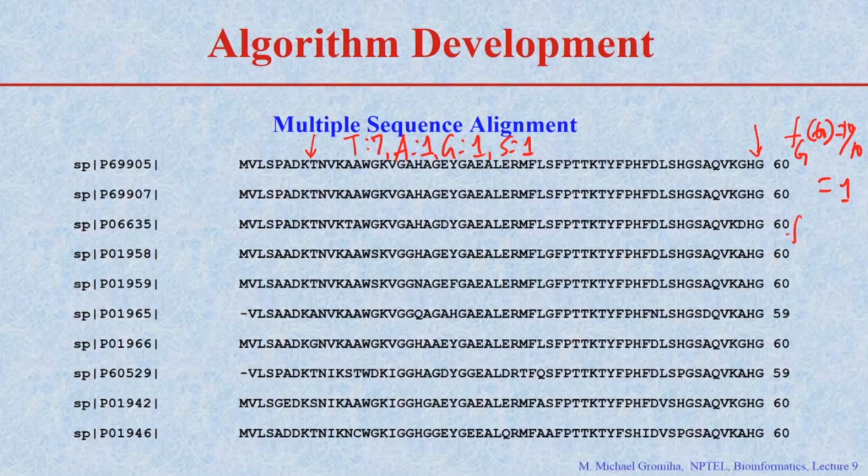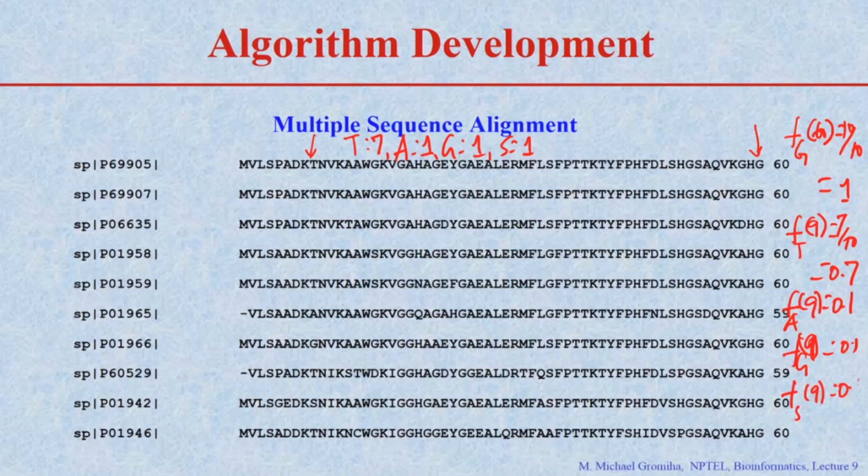The frequency of threonine at position 9 is 7 by 10, which equals 0.7. The frequency of alanine at position number 9 equals 0.1, the frequency of glycine at position number 9 equals 0.1, as well as the frequency of serine at position number 9 is equal to 0.1, right.